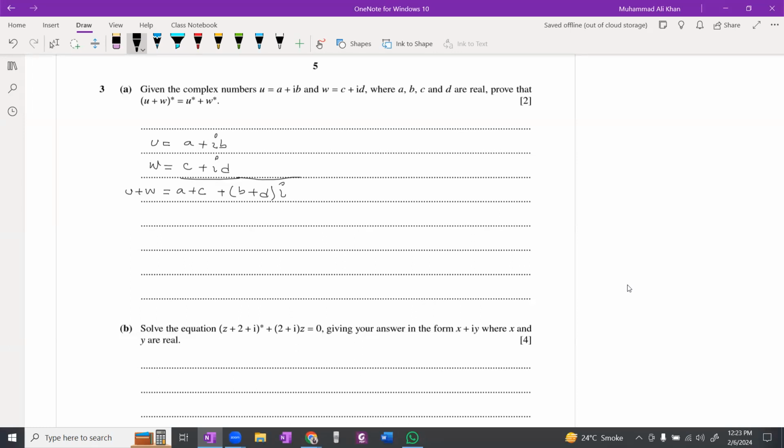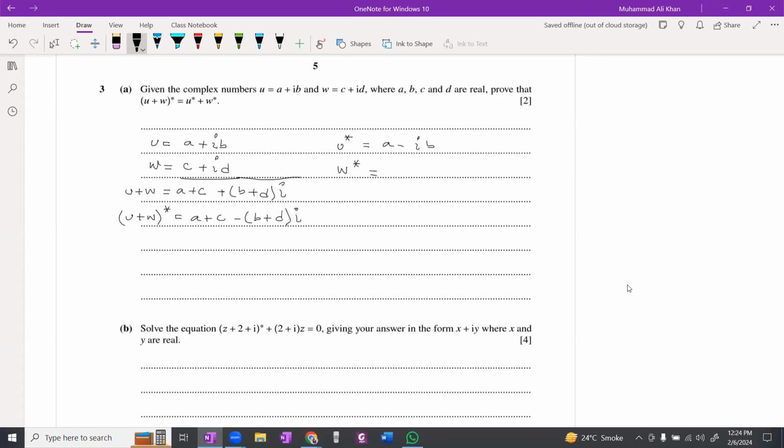After that, first calculate u conjugate. U conjugate is a minus iota b. And one more thing: this is u plus w, but we have to calculate u plus w conjugate. So u plus w conjugate will be a plus c, change the sign of the imaginary portion, so it will be b plus d iota. Now u conjugate is this.